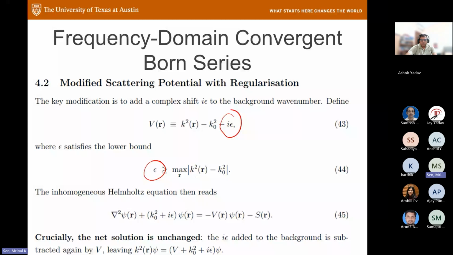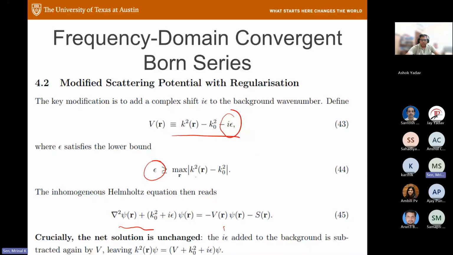So the claim here is that if you make this correction, then on the left hand side we have this. And since we have this term in both left hand and right hand side, it cancels out, so we have the same wave equation.